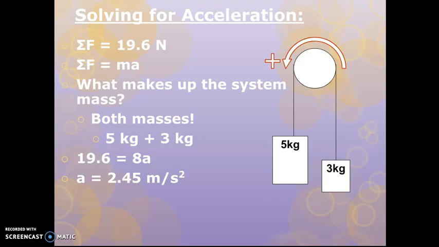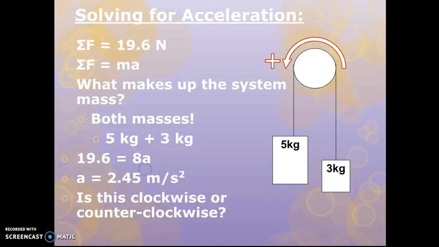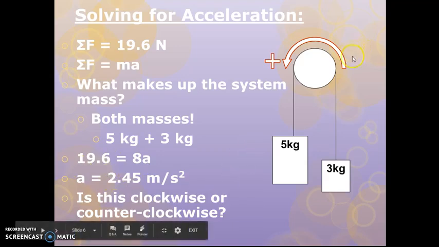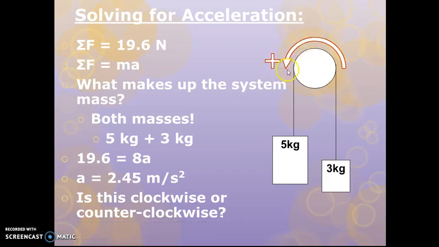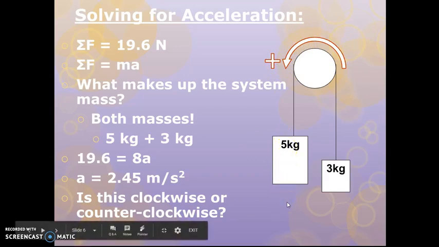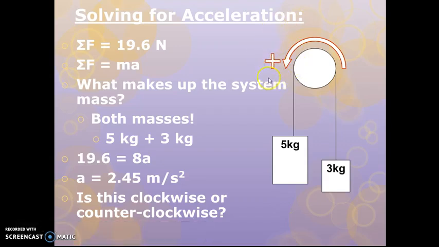If I look at that number, it makes sense because it's a positive value, and we decided to make counterclockwise positive. So since they match, the 5 kilogram mass is accelerating downward at positive 2.45 meters per second squared, based on how we just defined positive as counterclockwise.